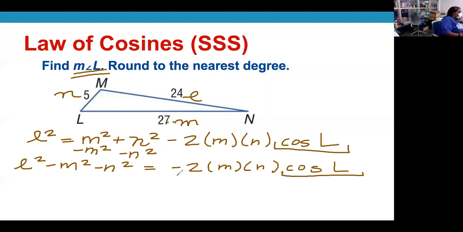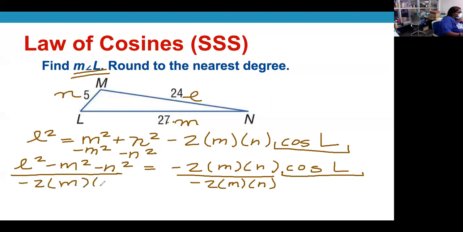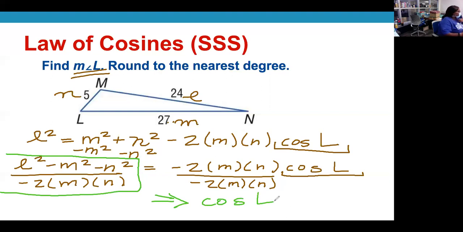That means I'm going to divide by negative 2 times M times N. So divide by negative 2 times M times N. And so then all of this, which I'm not going to write over again, is going to be equal to the cosine of L, right?